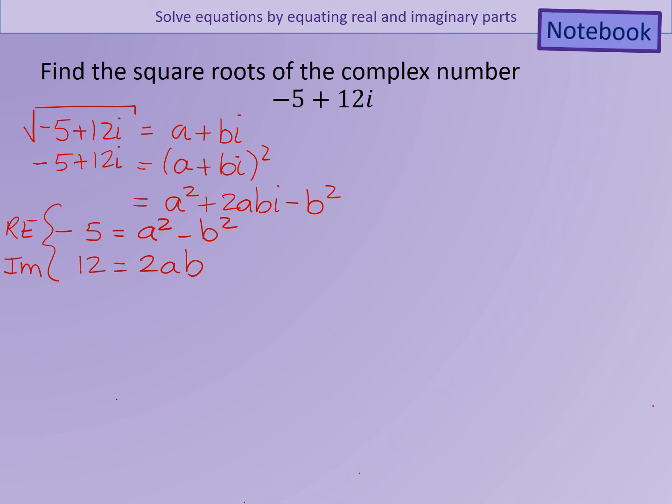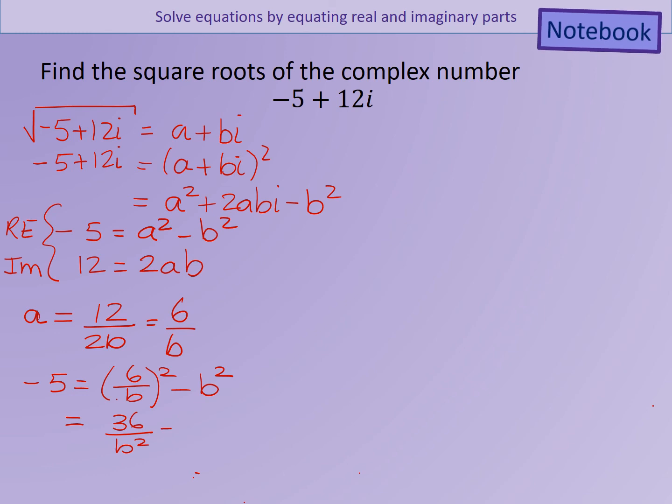Taking a look at the imaginary equation, rewriting a equal to, so we have 12 divided by 2b, which is 6 over b, and substituting in to the real equation, we have minus 5 is equal to a squared, which is 6 over b all squared, subtract b squared. Right hand side here, 36 over b squared minus b squared.